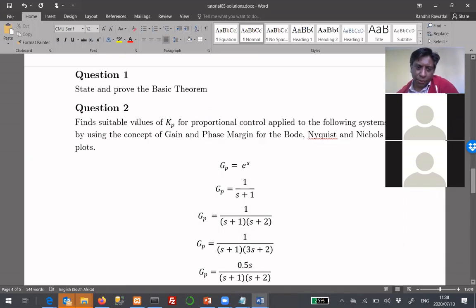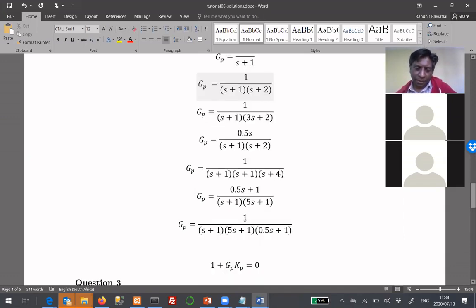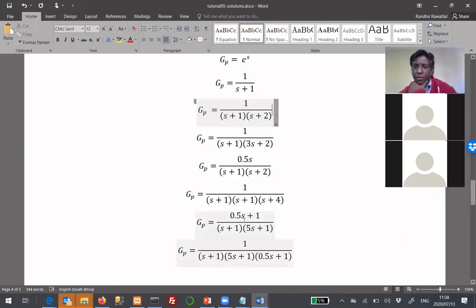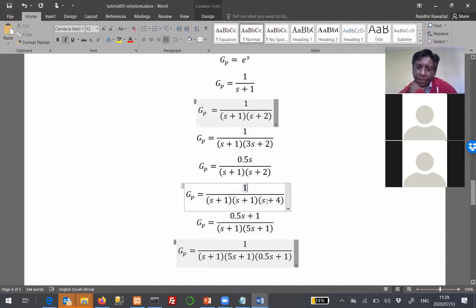So in question 2, it asks us for finding suitable values of Kp that control the processes. And of course, if we introduce a proportional controller, that has the influence of just multiplying the whole factor by Kp. So in that same code, you can play around with multiplying a factor, like if you just change this to a 5 or something.